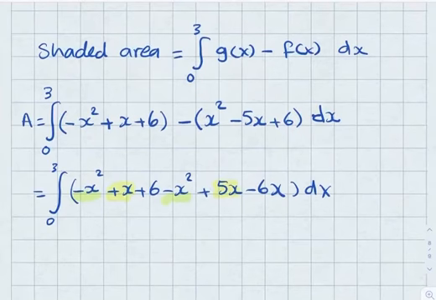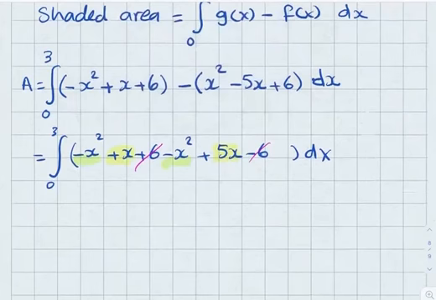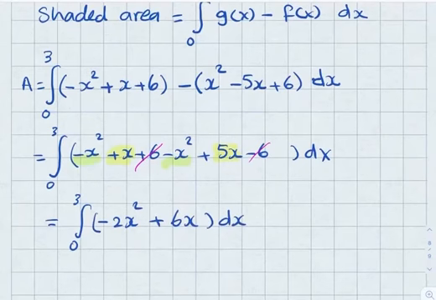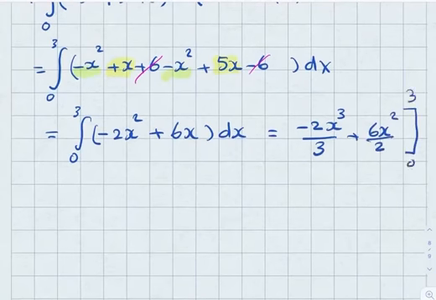Now plus 6 and minus 6, we cancel them, and therefore the answer, in the simplest form, is the integral from 0 to 3 of minus 2x squared plus 6x dx. So this will be minus 2x to the power 3 over 3 plus 6x squared over 2, with the limits from 0 to 3.